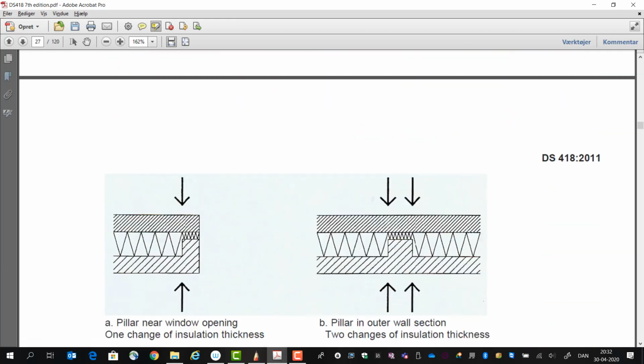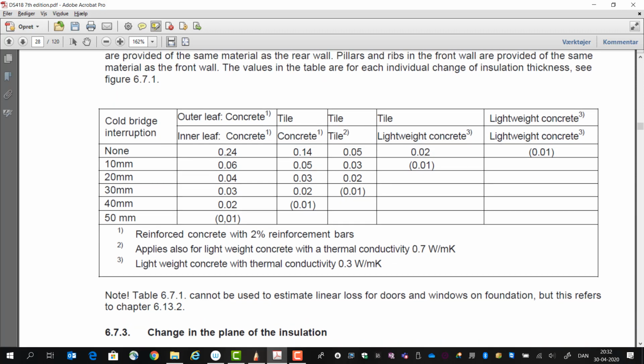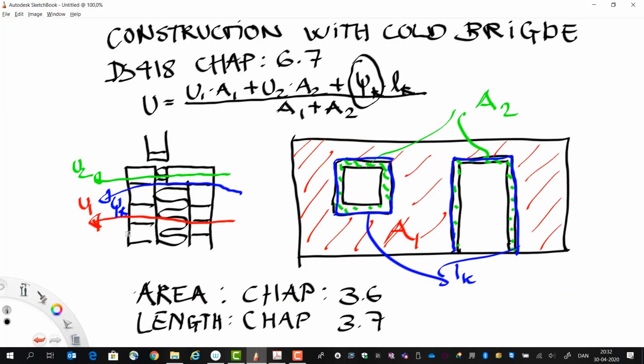And here we have a table. And in this table, we have the cold bridge interruption over here. So how big is that? That's the dimension that we have here. So this dimension here, and that's normally around 30 millimeters. Can't be smaller if we have to live up to the building regulations.